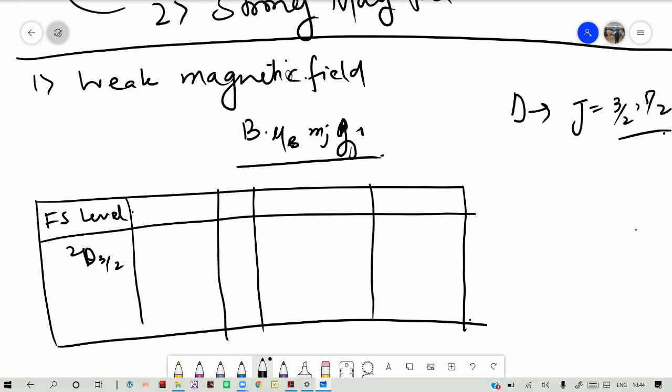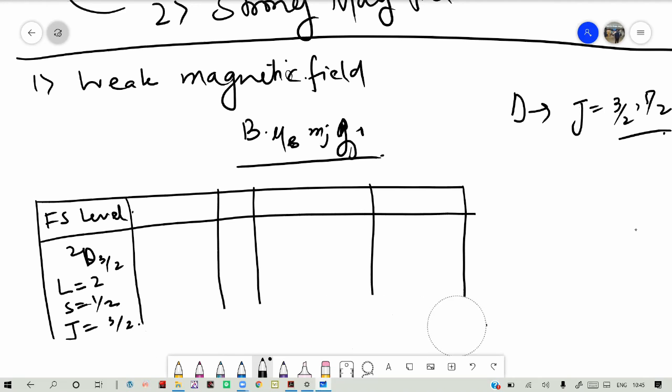Okay, so 2D 3 by 2, because L will be equal to 2, S will be equal to 1 by 2 for a single electron, and J will be equal to 3 by 2. This is the 3 by 2 level.